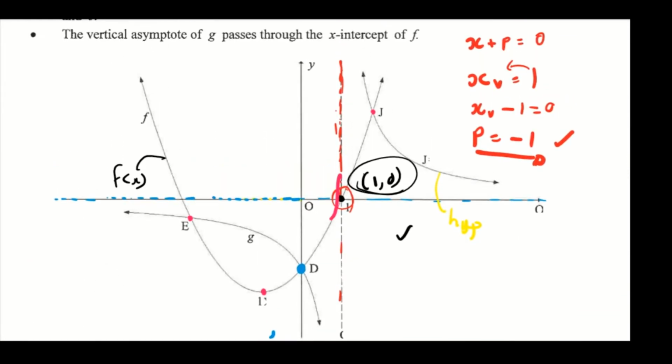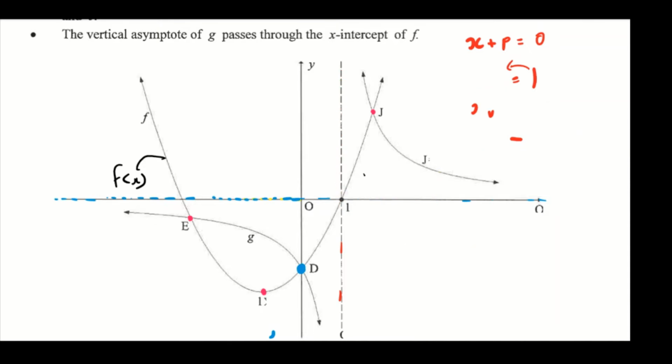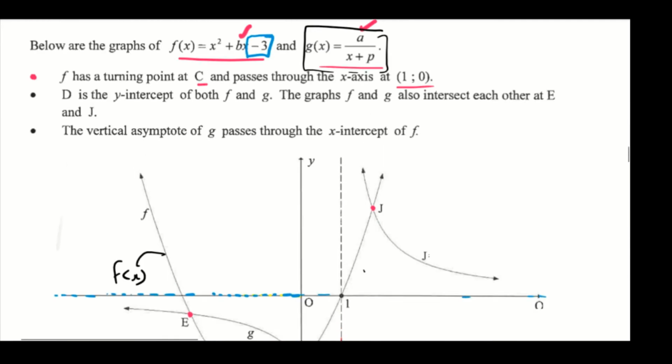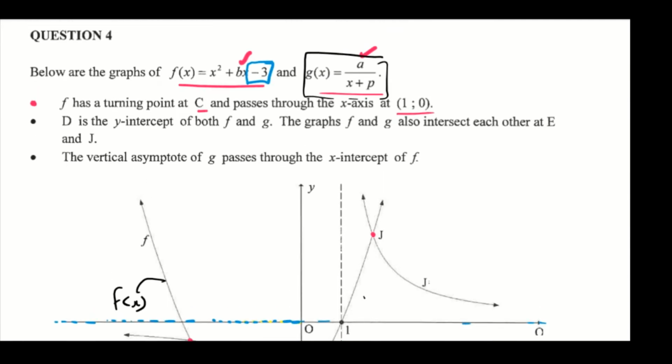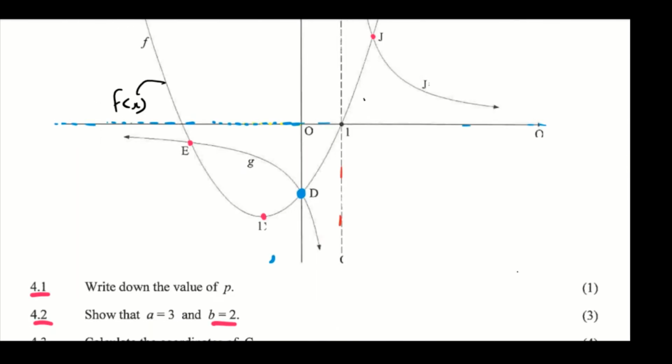So let me remove some of the info so that we can see what is C. C from the graph, let me first look. We were told that F has a turning point at C, so C is actually the turning point. Here it's supposed to be C, right?